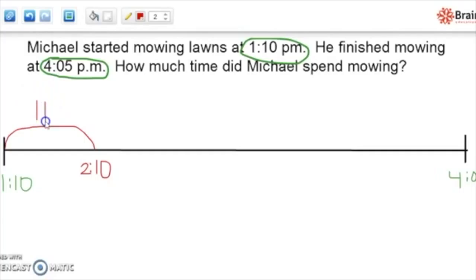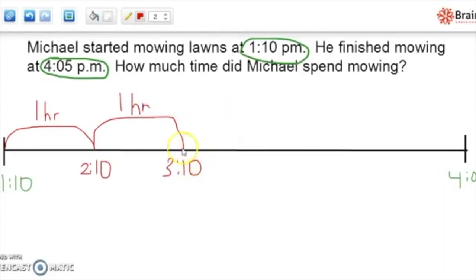It's also always good to put your intervals at the top because it makes it easier to solve the problem later on. So again, I need to jump from 2:10 to 4:05 so I can make another hour interval, which will take us to 3:10 p.m. Again, your hours are changing, but your minutes are staying the same.